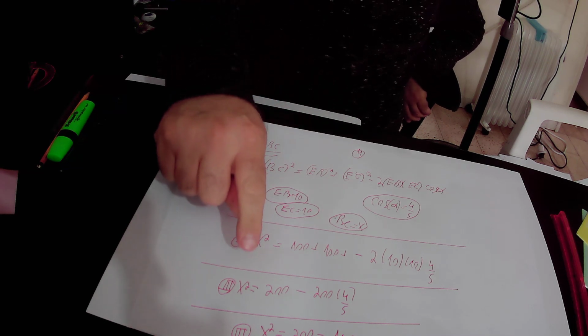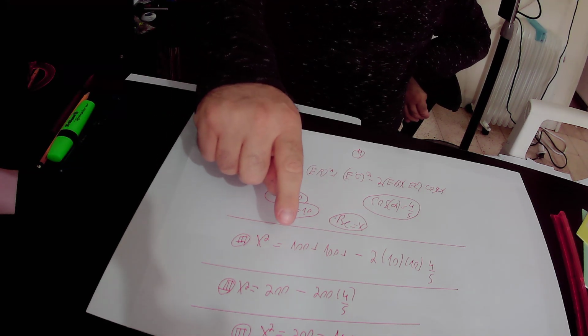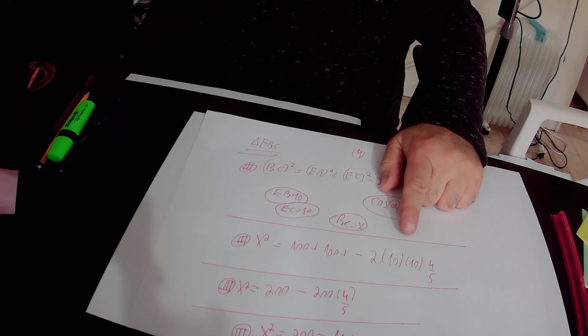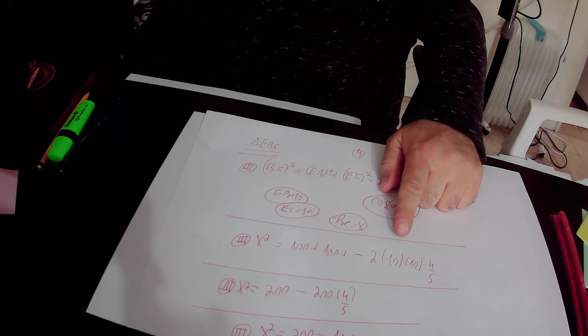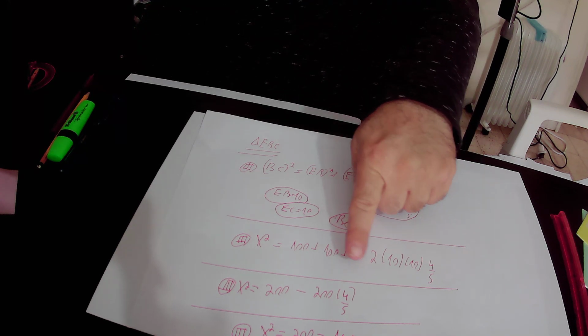So x squared equals 100 plus 100, that is 200, minus 2 times 10 times 10 times 4 over 5, that is 200 times 4 over 5.